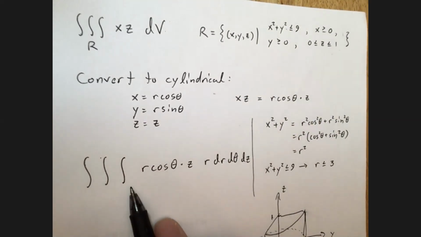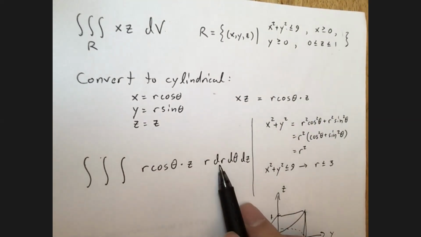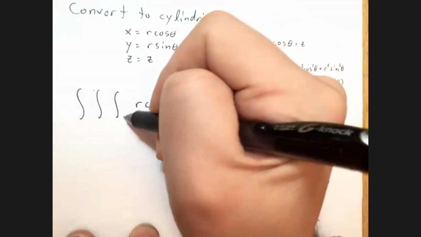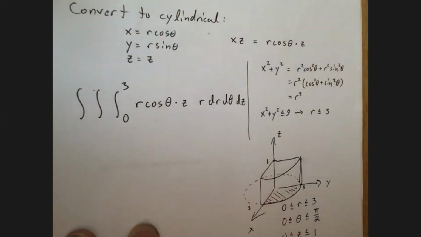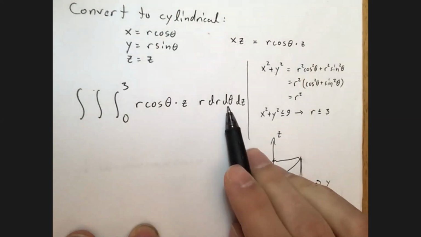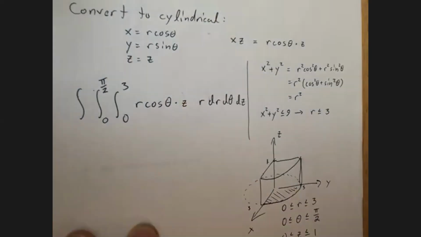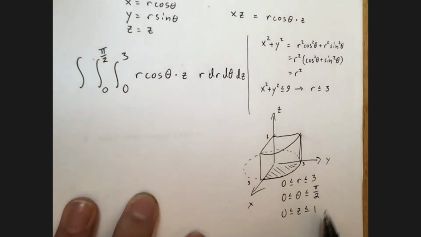Now I put the bounds in. First integral on the inside is r. R, we said, went from 0 to 3. So here we are, 0 to 3. The next integral we do is theta. Theta, we said, went from 0 to pi over 2. So here we are, 0 to pi over 2. The third integral is with respect to z. We said z went from 0 to 1.